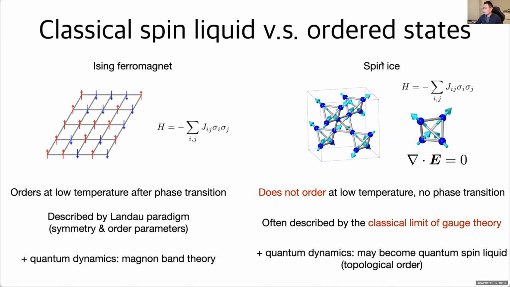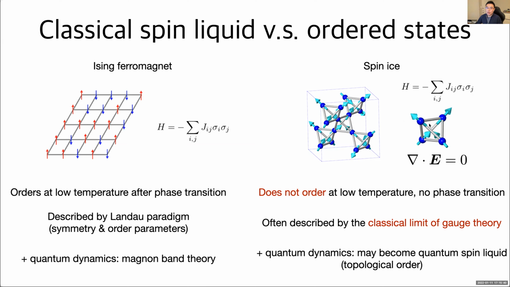Okay. In contrast, classical spin liquid is very different. Let me use spin ice as an example first. In this case, you have an interconnected network of tetrahedra, and you have Ising spin halves on these tetrahedra, and the Hamiltonian just tells you that in the ground state you want two spins to point inside and two spins to point outside.